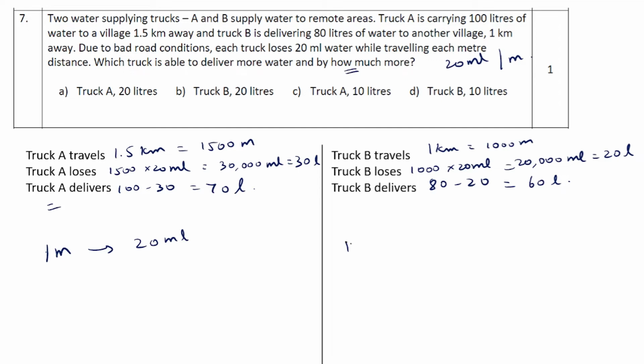How much more water is equal to 70 minus 60, equal to 10 liters. So truck A delivers 10 more liters. So the correct option is option C.